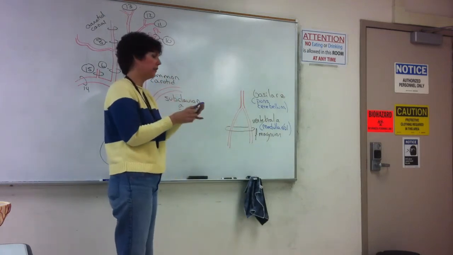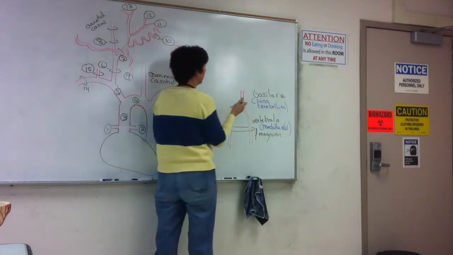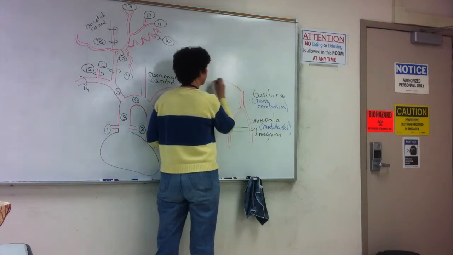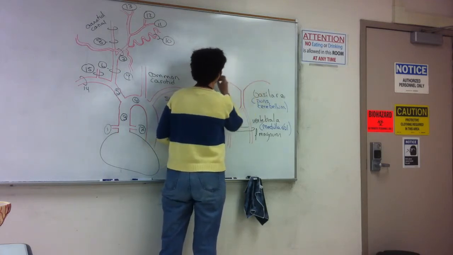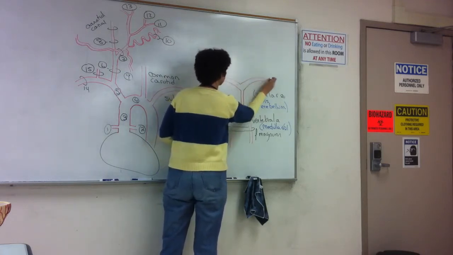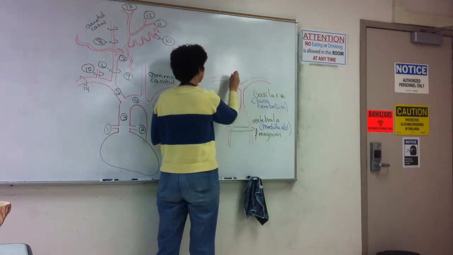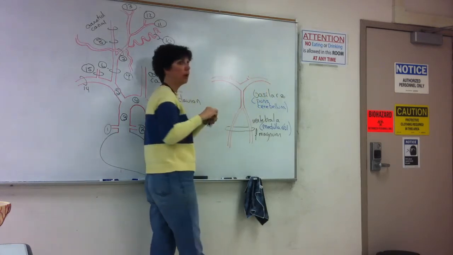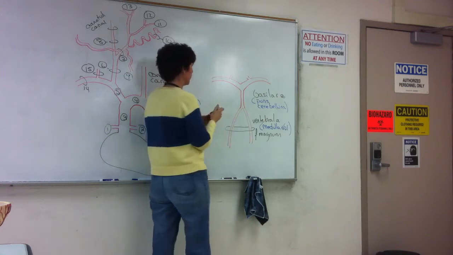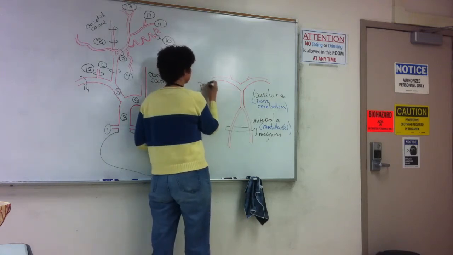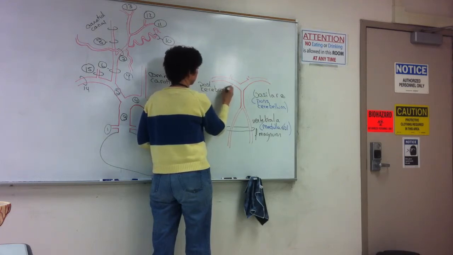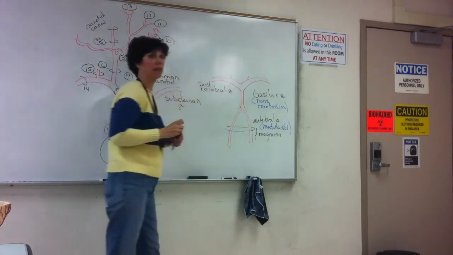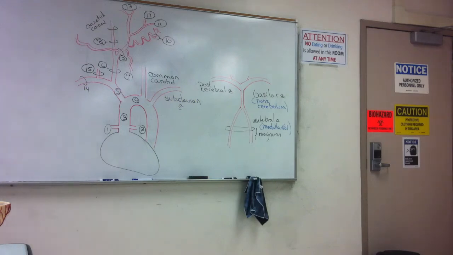Right at the midbrain level, the basilar artery ends by branching into two vessels known as the posterior cerebral arteries. And that would be these right here.